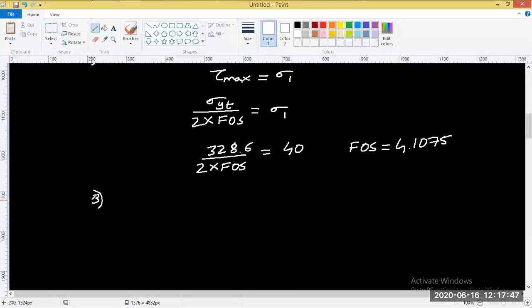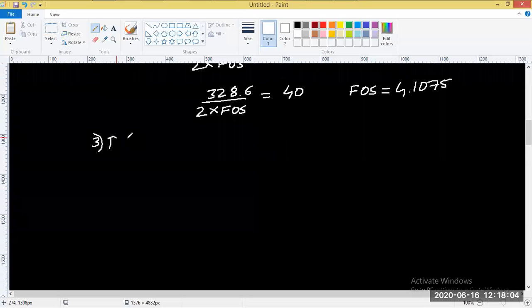So moving on to the distortion energy theory. If you take distortion energy theory, you need to consider both maximum and minimum cases here, right? The third case, distortion energy theory.